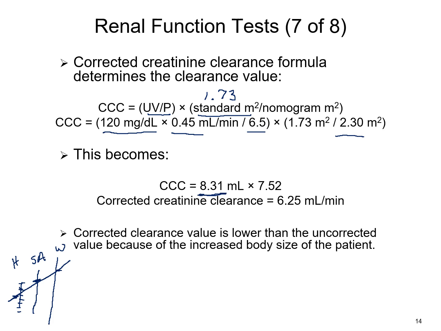But because of the patient's weight, we do those corrections, and that gives us 6.25 mLs per minute. The corrected clearance value is lower than the uncorrected value because of that increased body size of the patient. Once we figure that in, it gives us that corrected count.